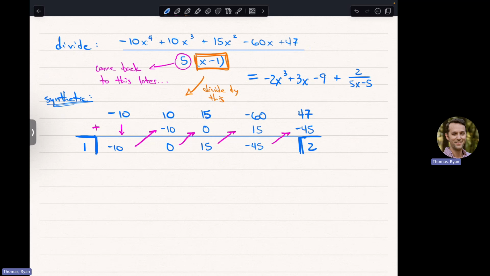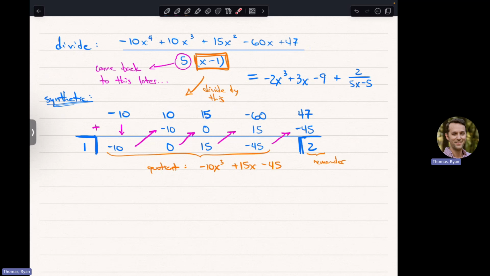That's our remainder. The quotient here is negative 10x cubed plus 15x minus 45, and the remainder is 2.